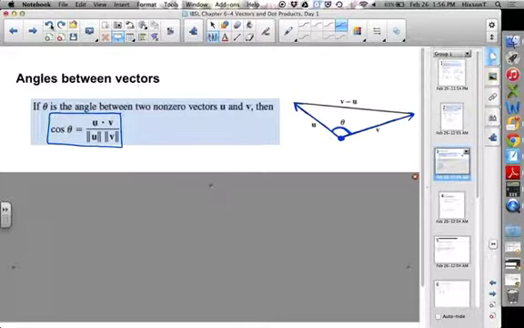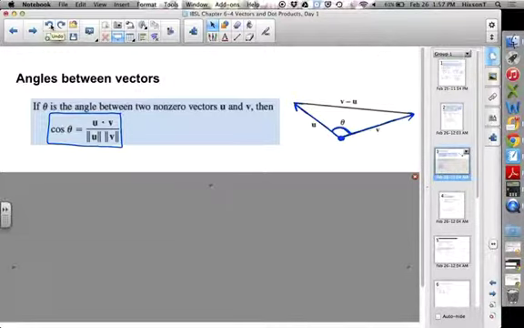Once you find the magnitudes, you're dealing with two scalars and you're just multiplying them. So, you need to find three things, and then you can plug them into our formula to find the actual angle.